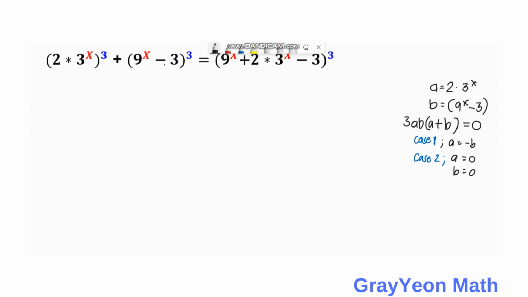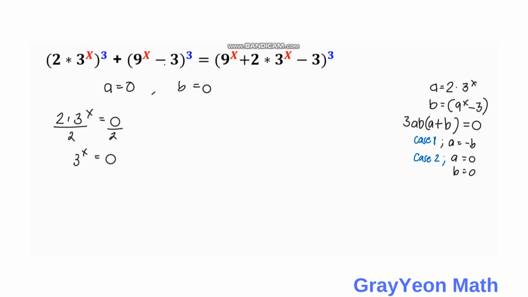Being A or B equal to 0, actually 2 times 3 raised to x equal to 0 for A. If we divide this by 2, 3 raised to x is equal to 0.